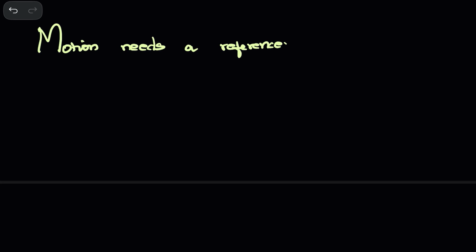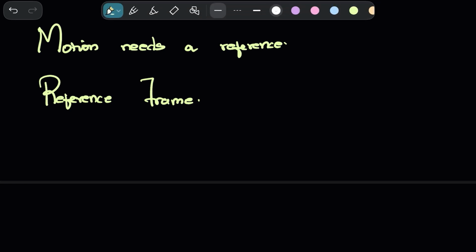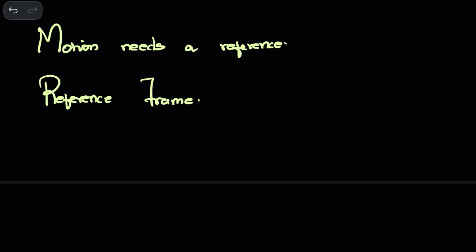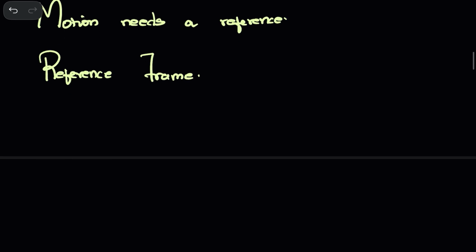You cannot put stuff in complete emptiness. So things require something called a reference frame. A reference frame is the point of view or measuring system from which motion is described.